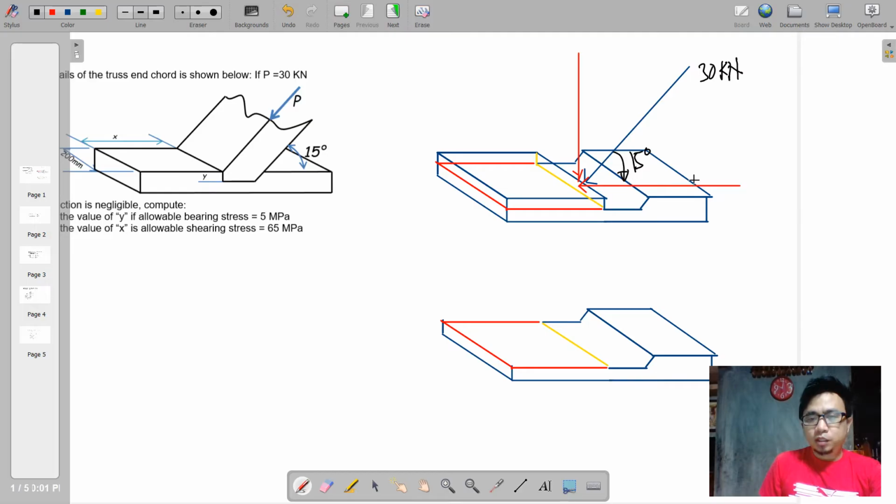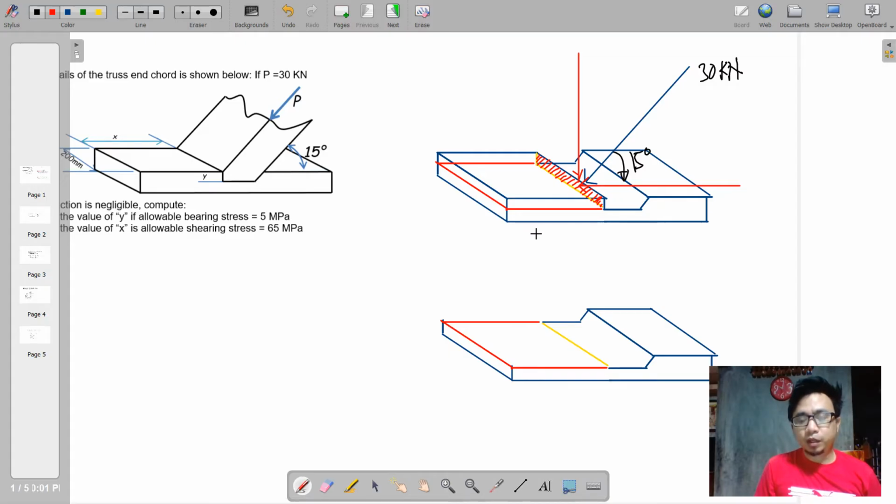This horizontal component actually has two effects on the notch here. Number one, this particular section, say I'm going to shade this one, will be in direct contact with the diagonal member. If that is the case, we have a type of stress, and that stress is a contact.